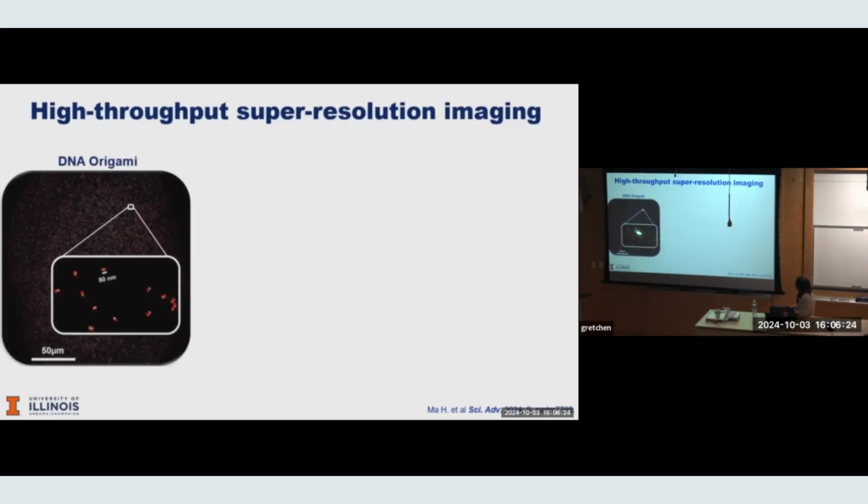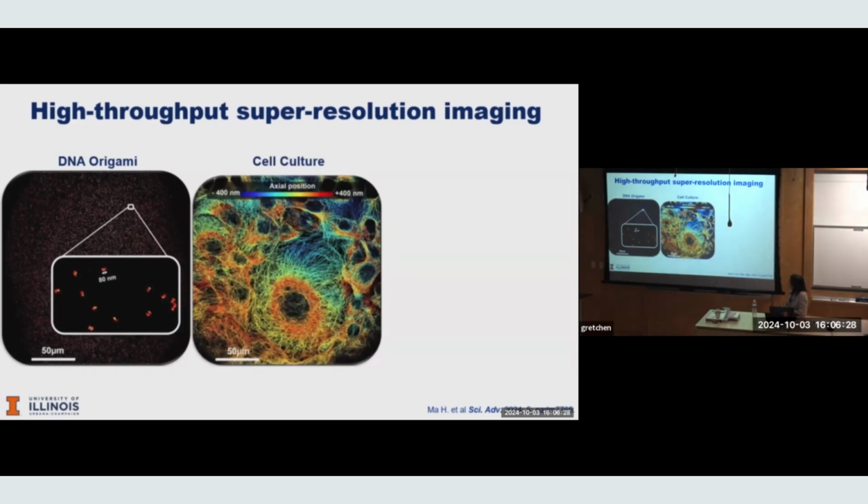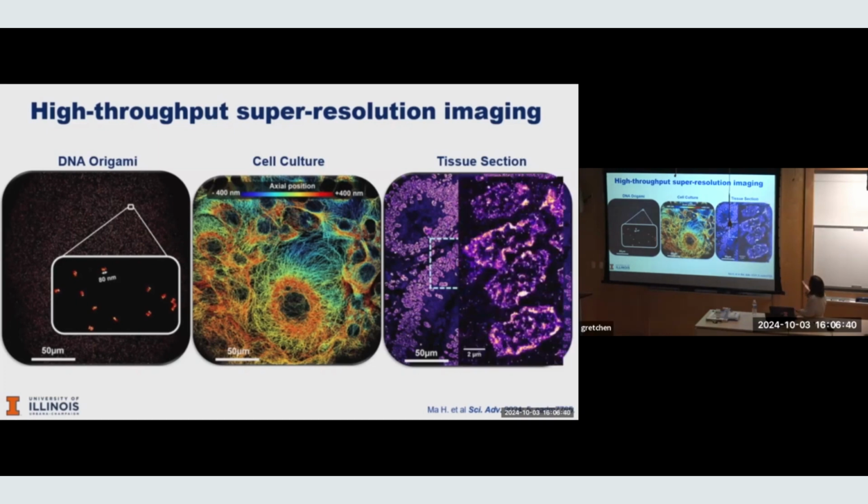So this example looking at DNA origami and the 3D super resolution imaging and also tissue. This field of view is roughly 200 microns. If I zoom in, it's more like a Google Earth, right? So you can zoom in and look at molecular scale changes. So this resolution is about 30 nanometer.